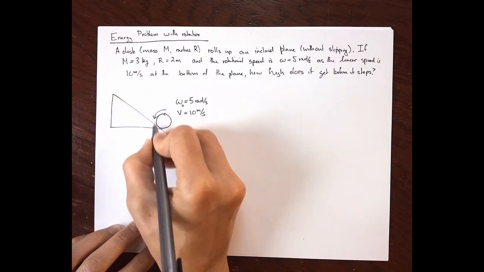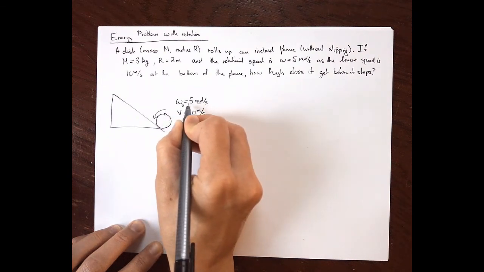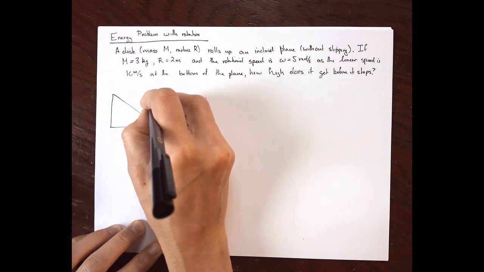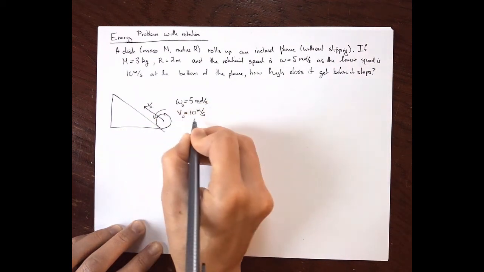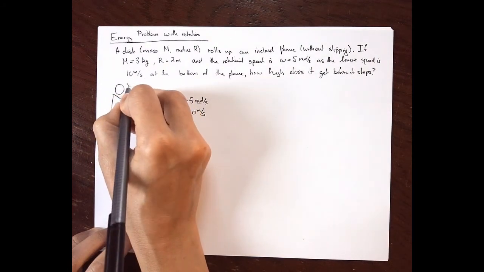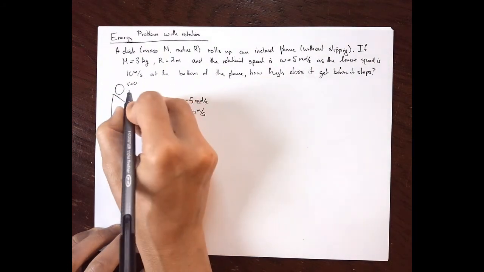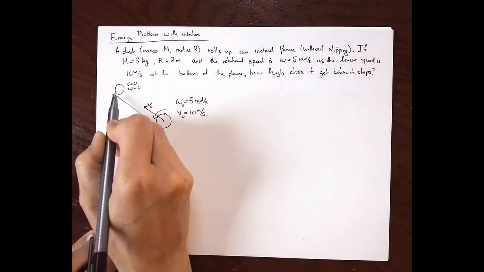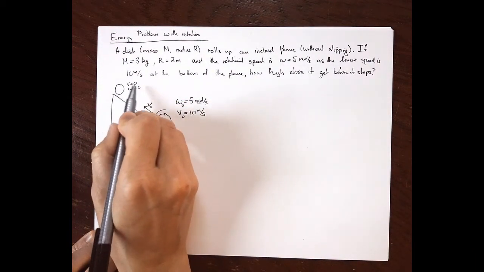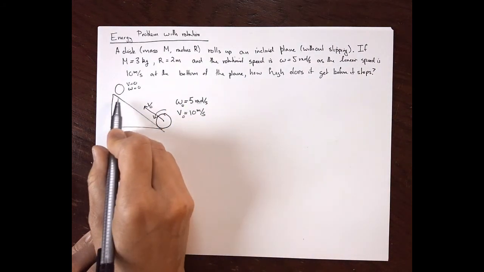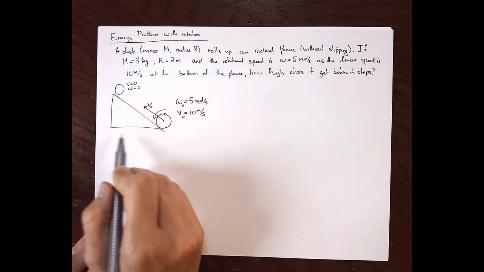So the rotation, how fast it's rotating around, is 5 radians per second, and the velocity, how fast it's going up the hill, is 10 meters per second. How high does it get before the velocity is 0, and then presumably the rotational velocity is also 0? We'll actually talk later about how these two have to happen at the same place given what we've been told in the problem. But for right now, let's just take it that it is.